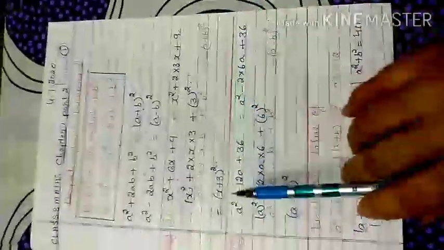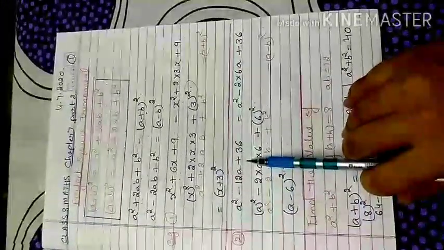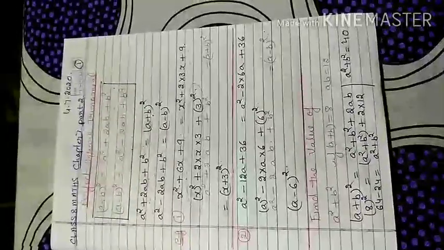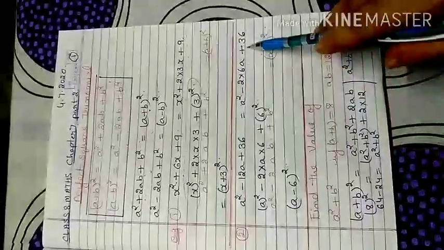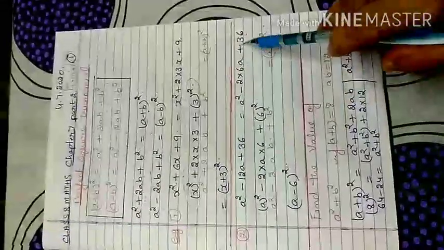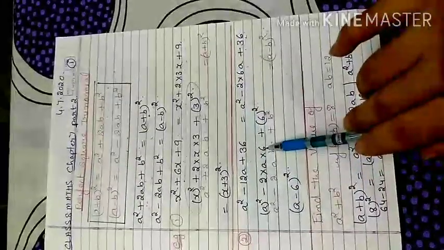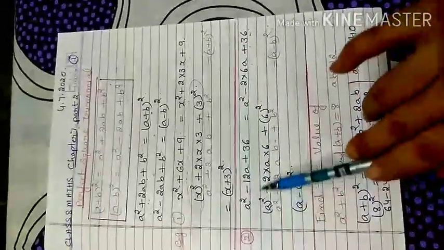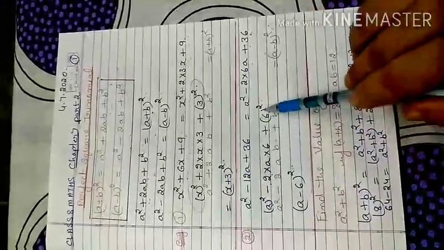But what happens if a negative sign is here, like a square minus 12a plus 36? The very first thing is to separate 2 from that. That gives you a square minus 2 into 6a plus 36. 36 is 6 square, and the first term is a. According to your formula, it is first term square minus 2 into first term into second term plus second term square.